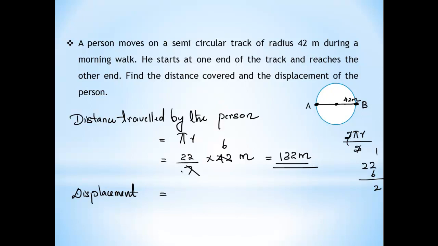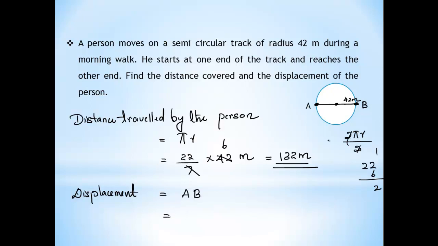The displacement of the person we can calculate. We know that displacement is the shortest distance between initial and final position. So here displacement is nothing but AB.